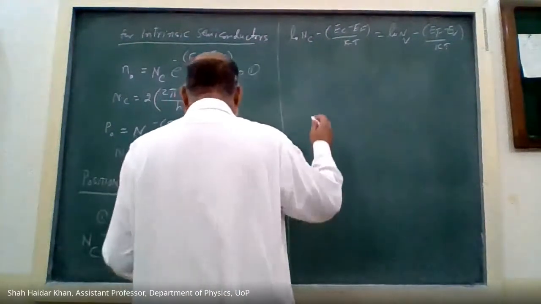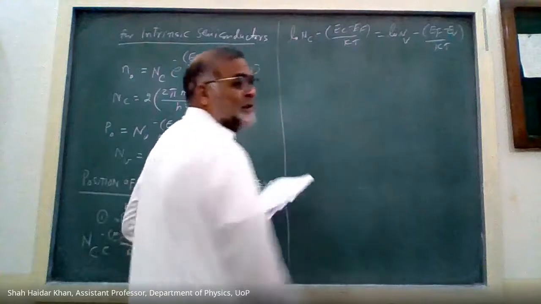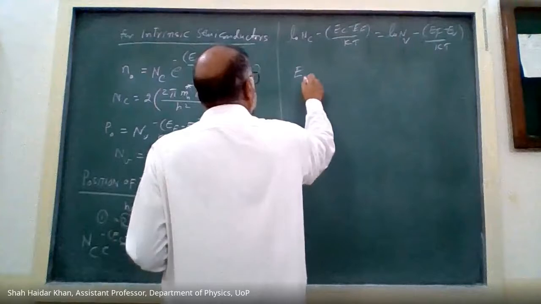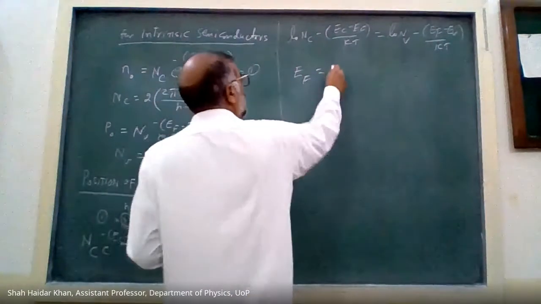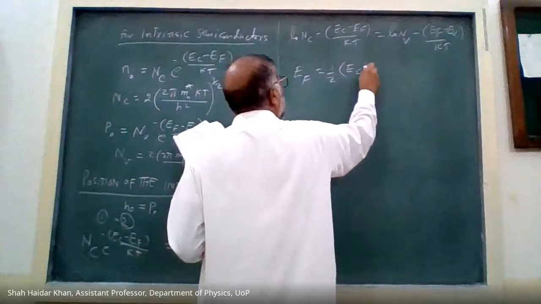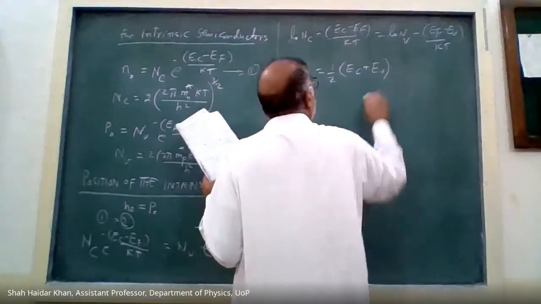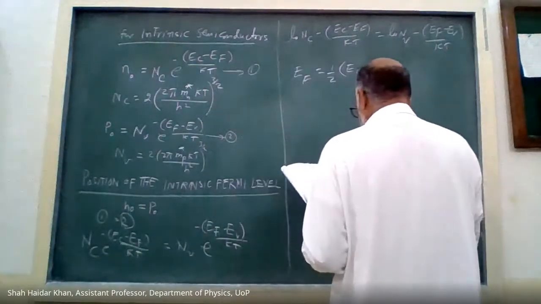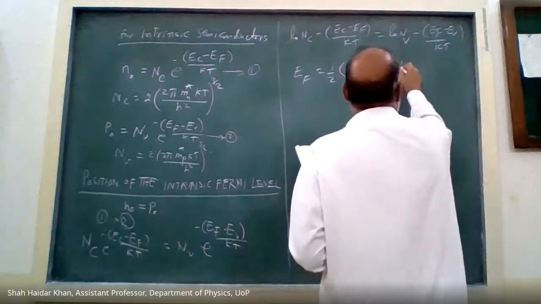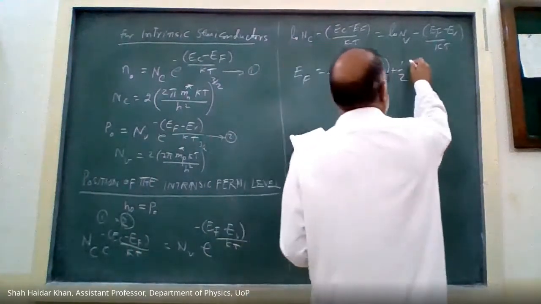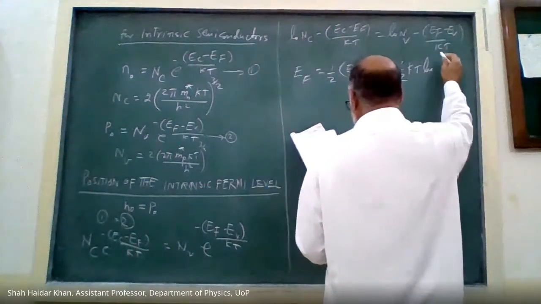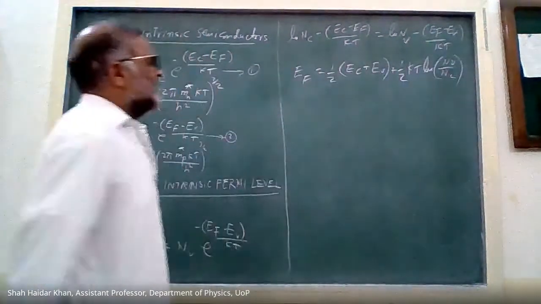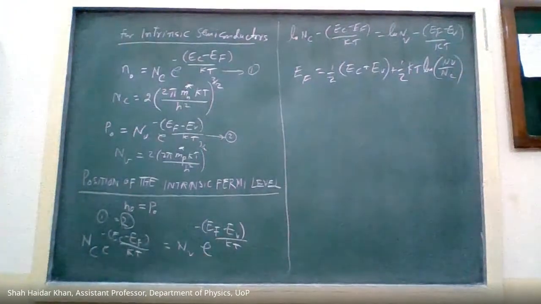We can write this as just geometry plus simple algebra, and we will get EF is equal to 1 over 2 (EC plus EV) plus 1 over 2 log of NV divided by NC.